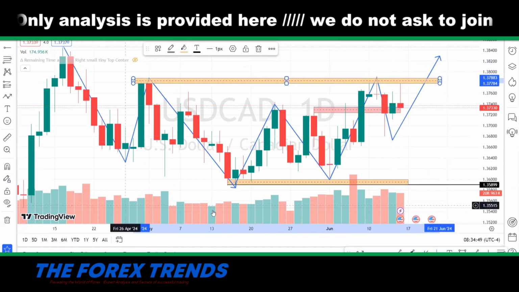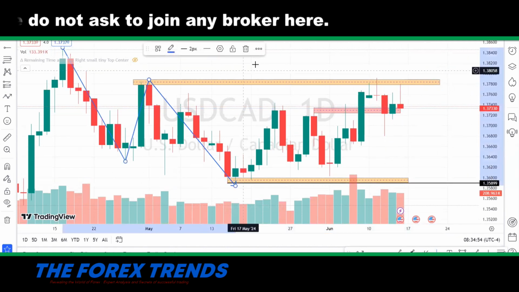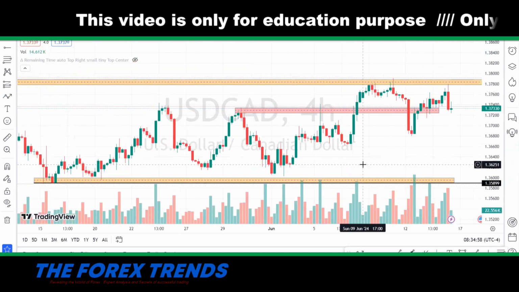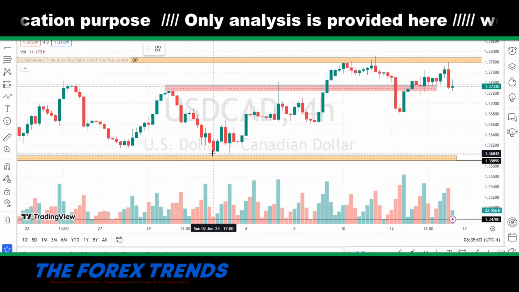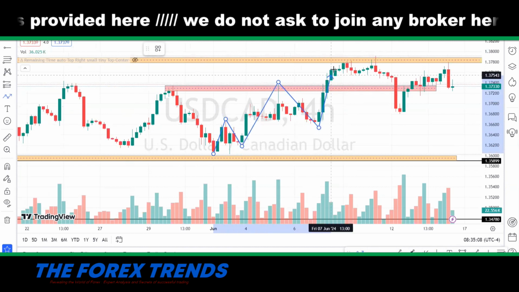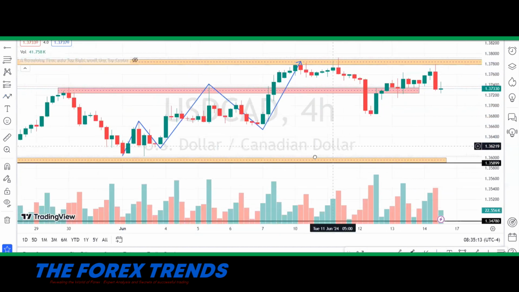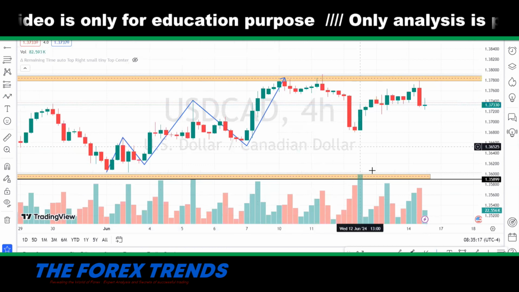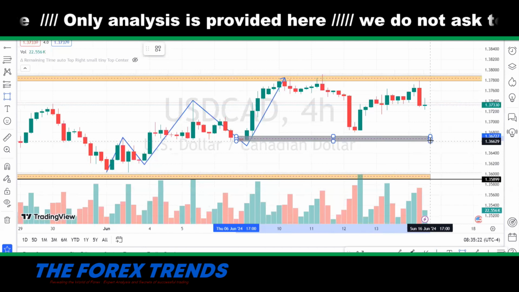This is our day structural strategy. Let's move into the 4 hour frame. In the 4 hour frame, if I mark the structure, this is the structure in the 4 hour frame, and as per the 4 hour frame, this was our buying position, buying zone.